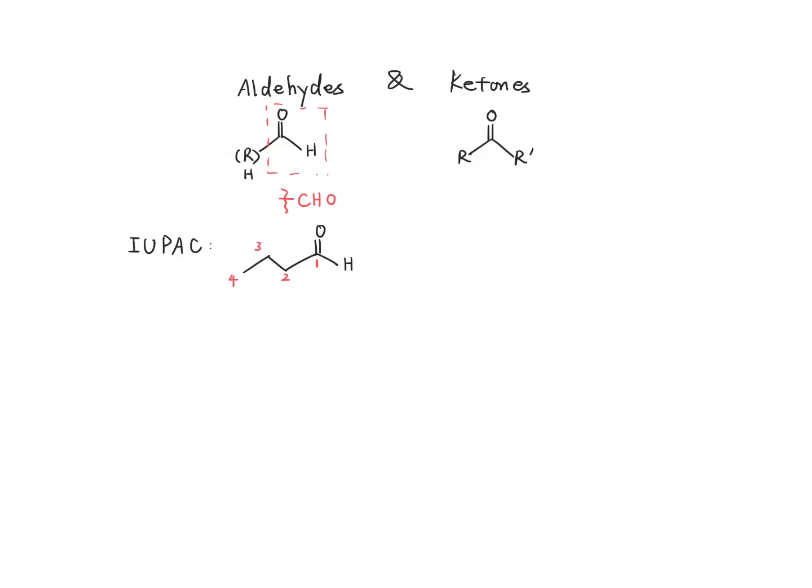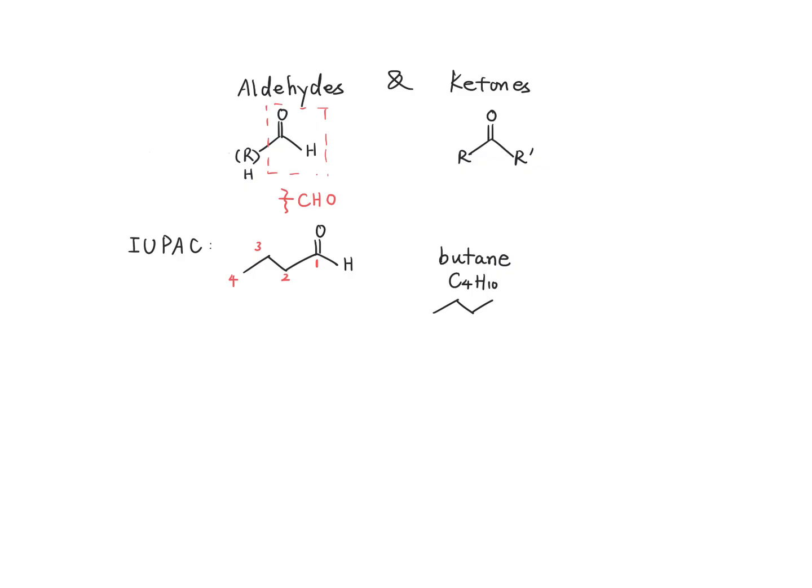If you recall, if we have 4 carbons, we will have the prefix "but" to indicate there are 4 carbons. And a 4-carbon alkane, that is C4H10, we'll call butane.